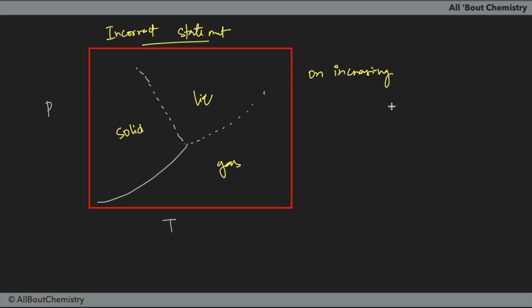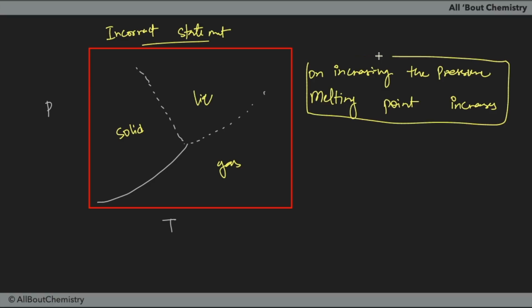There were various other statements. So the correct answer for this will be that on increasing the pressure, melting point increases. This is the incorrect statement, and this is what will be the answer, because incorrect statement was asked.